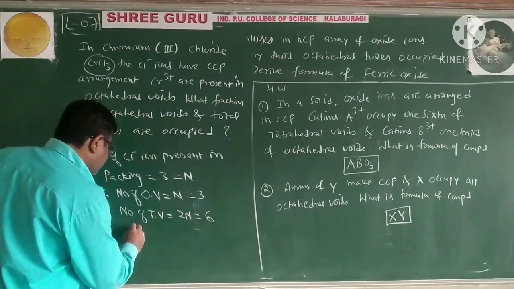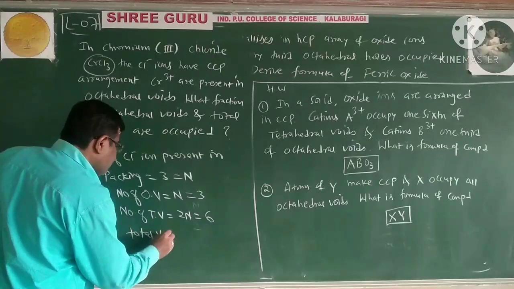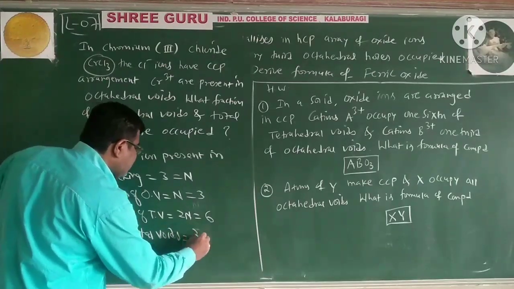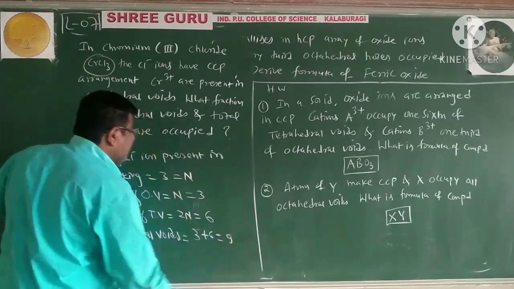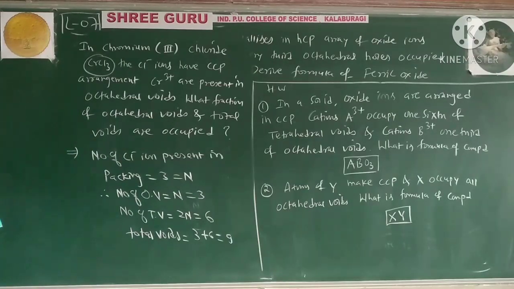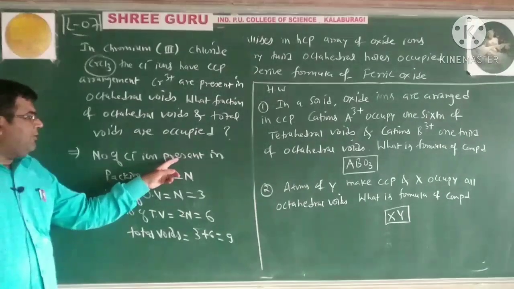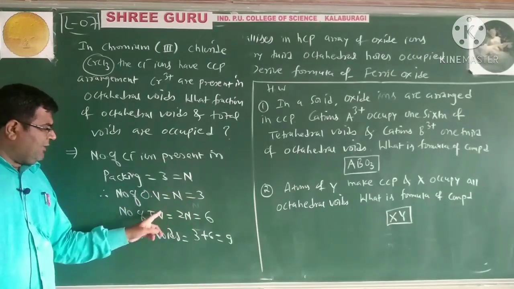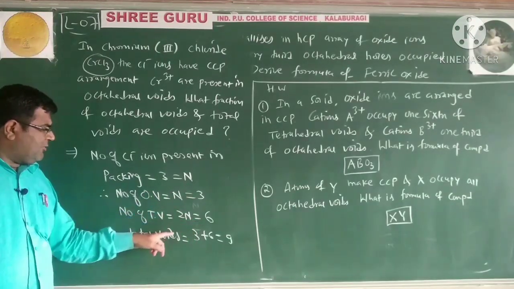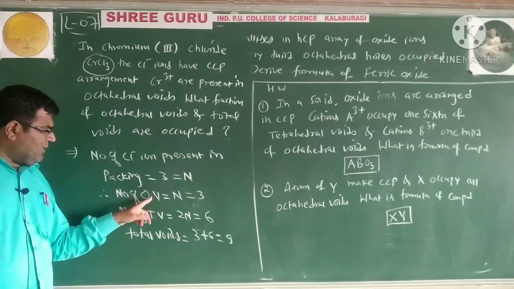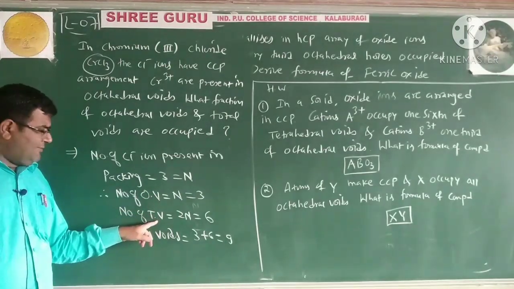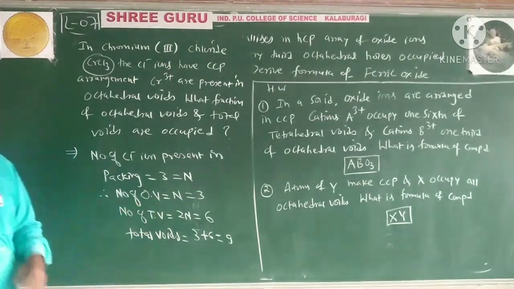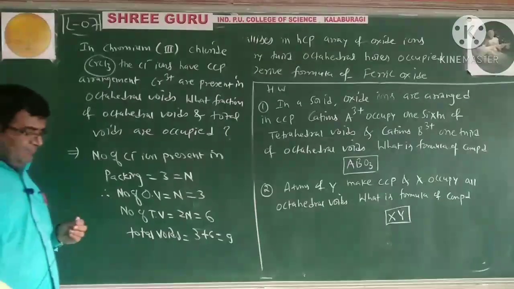So total voids 3 plus 6, 9, isn't it? Because particles are 3, octahedral holes are also 3, tetrahedral holes are 6. Total voids means number of octahedral holes plus number of tetrahedral holes. 3 plus 6 is equal to 9.